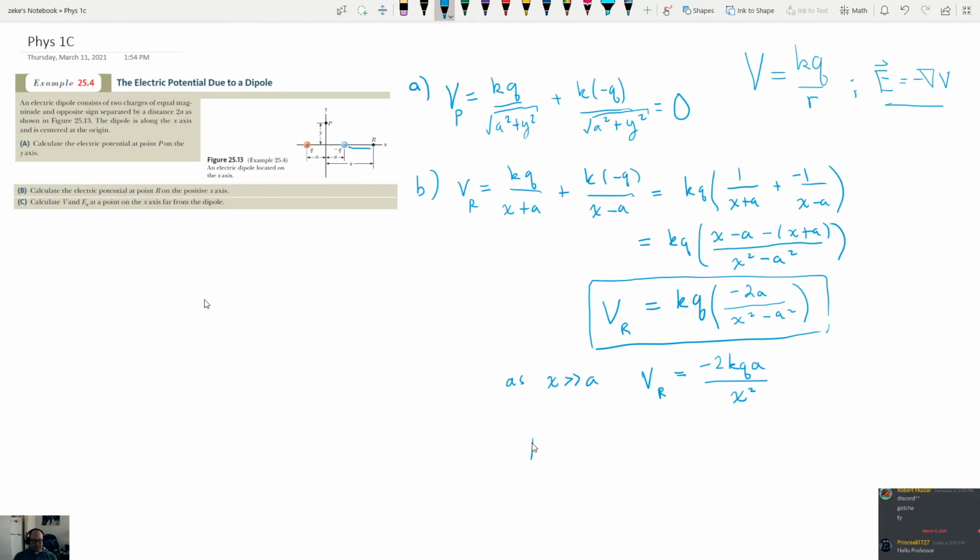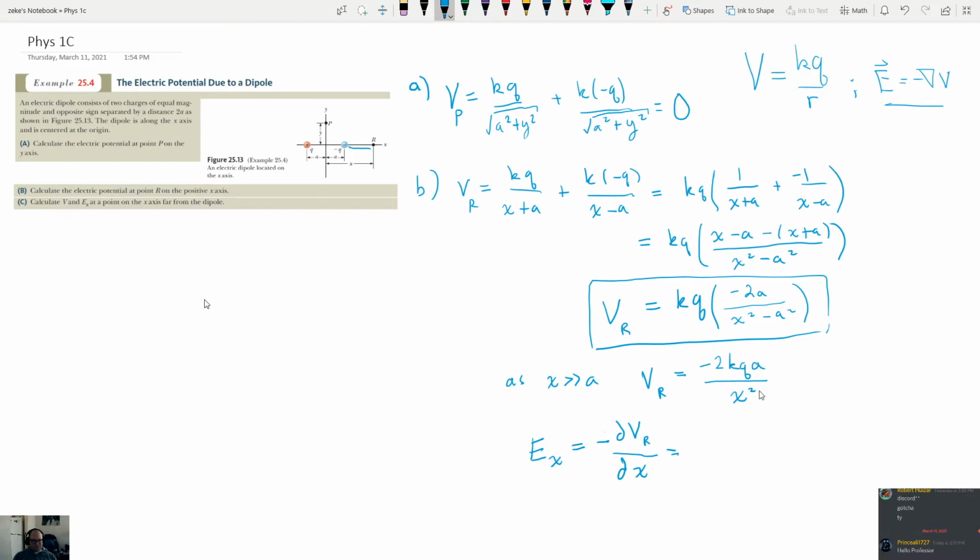And now if I want to find the electric field at that location, to find just the x component, we have to take the negative partial derivative of V with respect to x. Again, a partial derivative just means that you're going to hold every other variable constant.